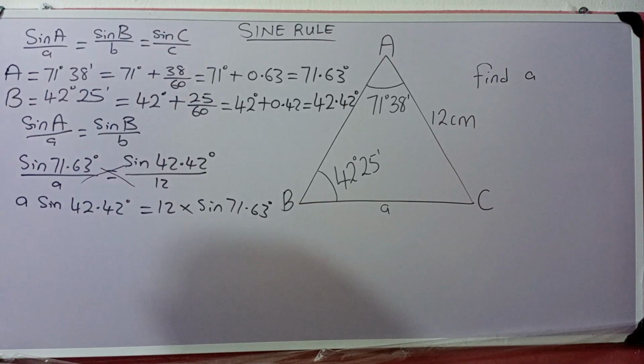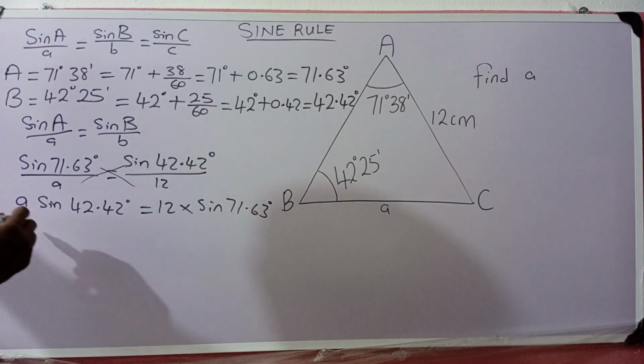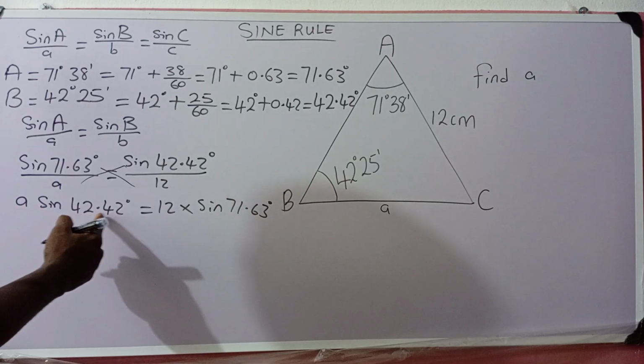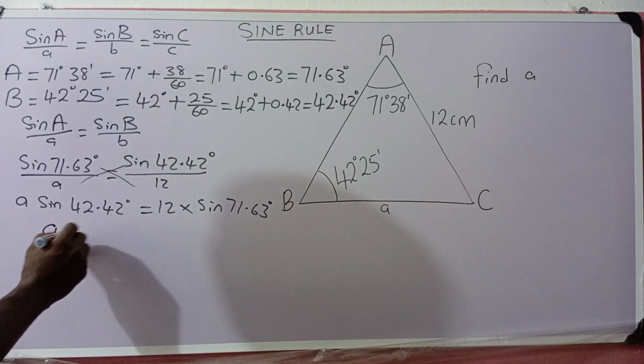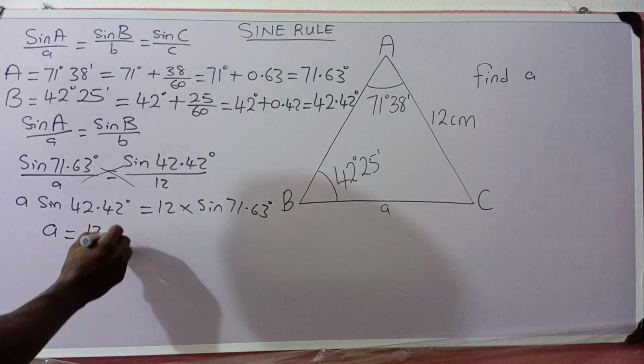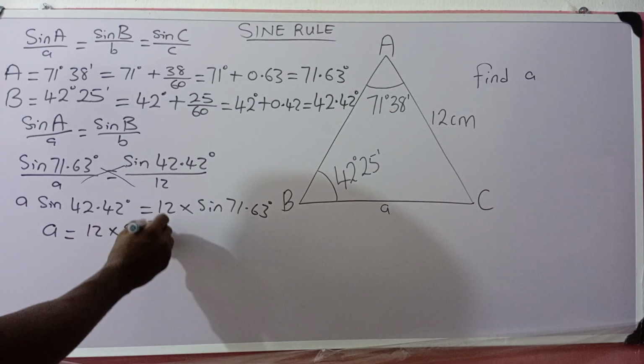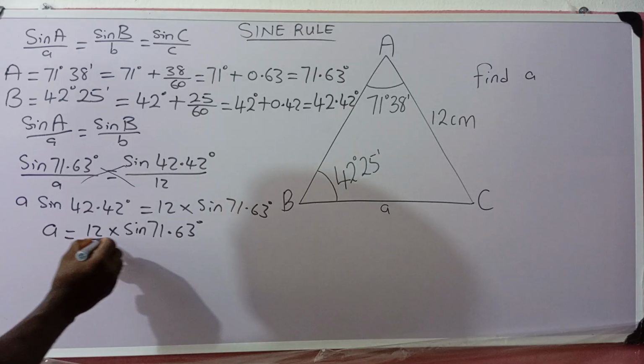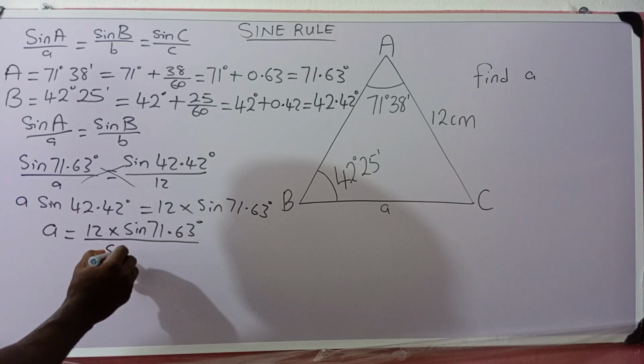Now, to go further, divide both sides by the coefficient of A. The coefficient of A is sine 42.42. A will now be equal to 12 multiplied by sine 71.63 degree all over sine 42.42 degree.